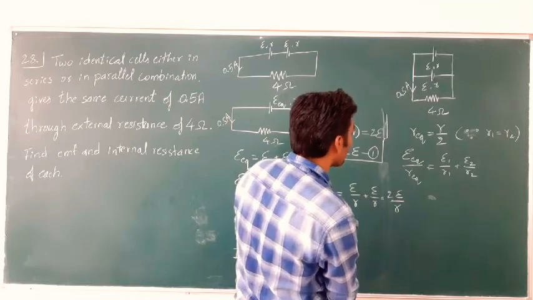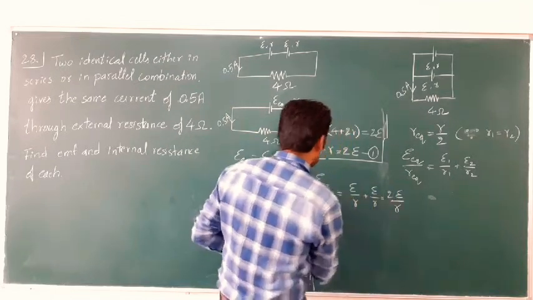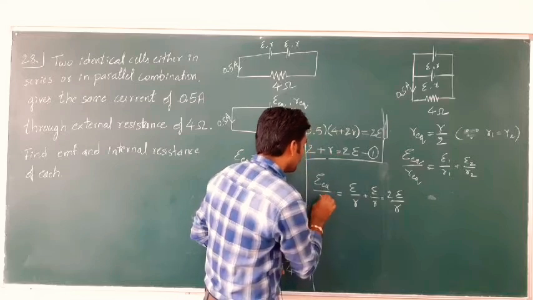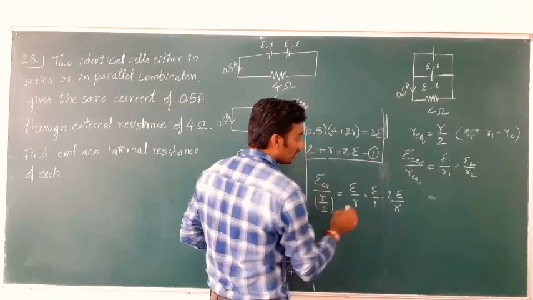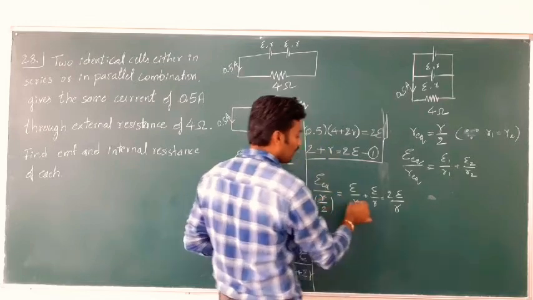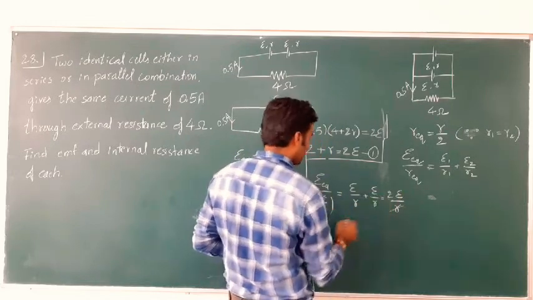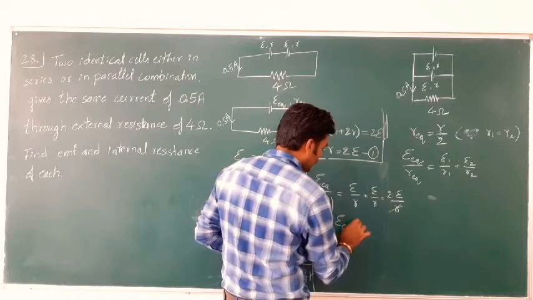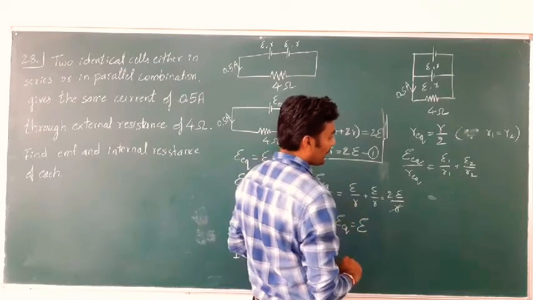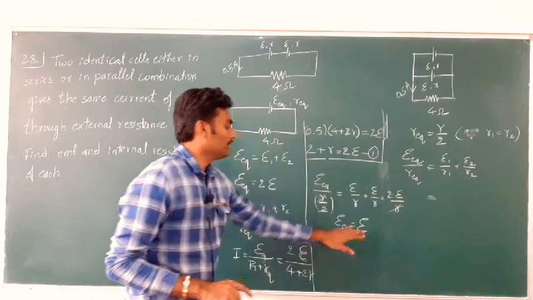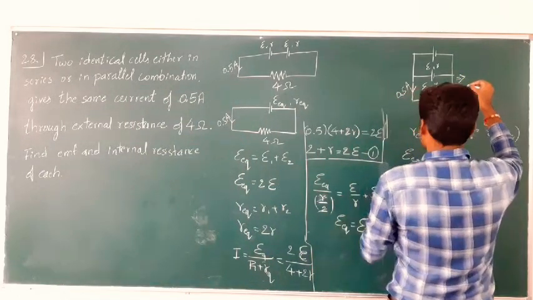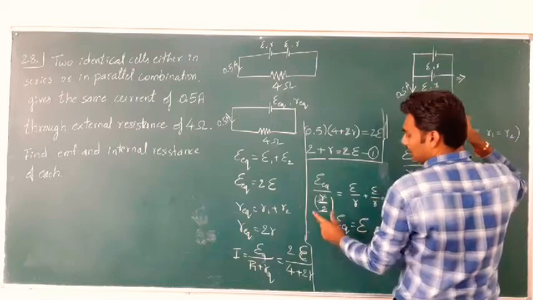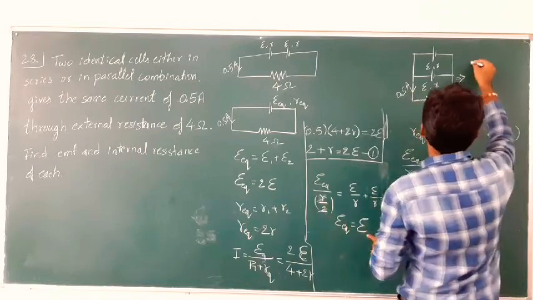Oh, just a minute. Yeah, here is the mistake. It is not 2R, it is R by 2. So 2 goes to the numerator. So R and R cancels, this 2 and this 2 cancels, and you have E equivalent is equal to E. So you have equivalent resistor, R equivalent is equal to R by 2, and equivalent EMF which is equal to E.